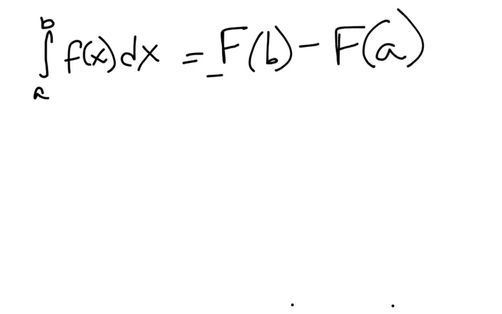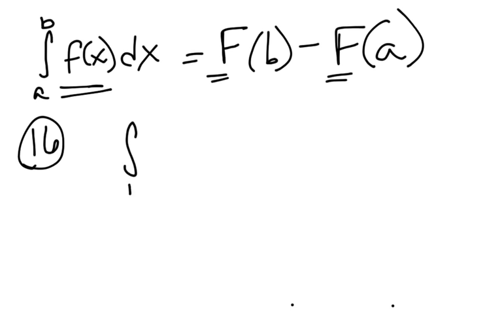And if you remember, that capital F means the antiderivative. So basically what that means is I'm going to find the antiderivative of this function, f of x, plug in b and plug in a, substitute those values into the antiderivative, and subtract them. So let's take a look with example 16 at how that's going to look.